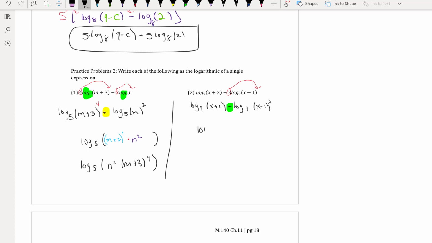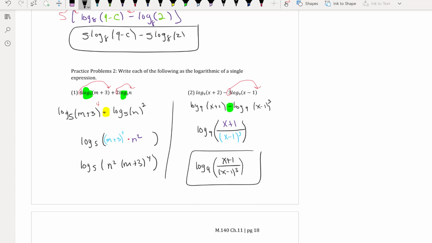So I'm going to have log base 9, and now I have my division. My numerator is going to be the first thing, so x plus 1. My denominator is going to be the thing on the bottom, so that's the x minus 1 to the 3rd power. And that's as far as I need to go. So log base 9 of x plus 1 over x minus 1 to the 3rd power, and that's going to be my final answer.